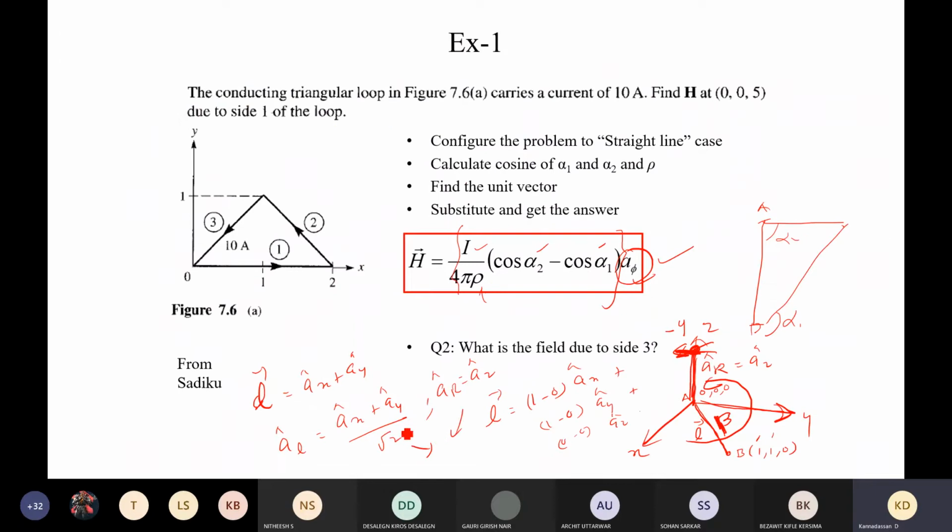But in the case of this particular problem, we have to calculate the one perpendicular to this. It is very easy: it is supposed to be in this direction or in this direction. So we can take either way, like minus ax plus ay vector divided by root 2, or ax minus ay vector divided by root 2.